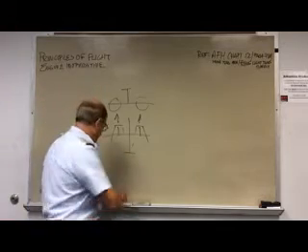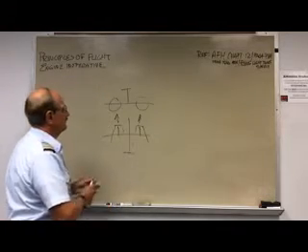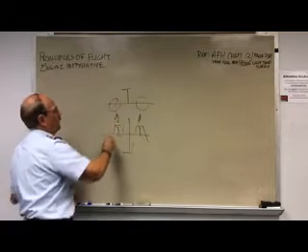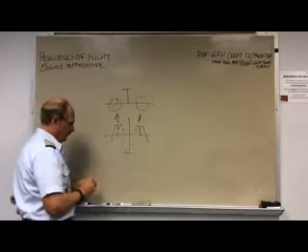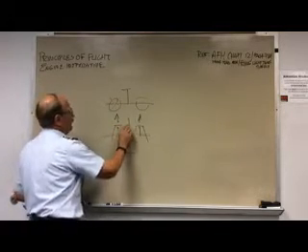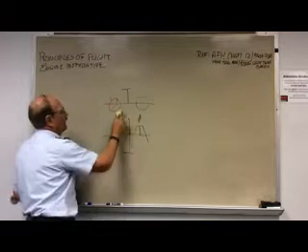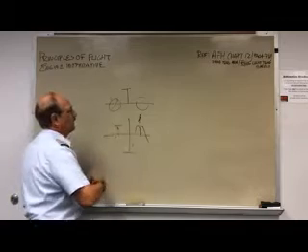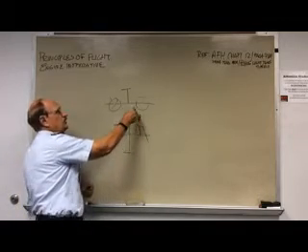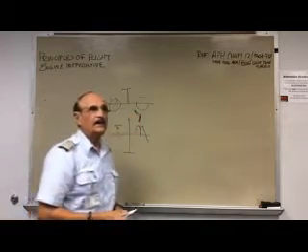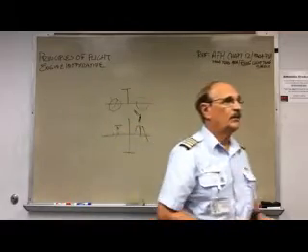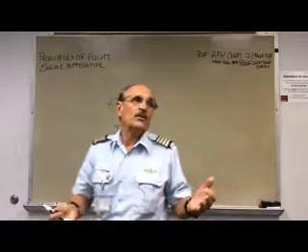But once an engine fails, for example, we'll fail that engine. Now what? We can see here, if we lose that thrust, it's going to have a tendency to yaw in the direction of the inoperative engine. Well, that's no big deal. We have a rudder.